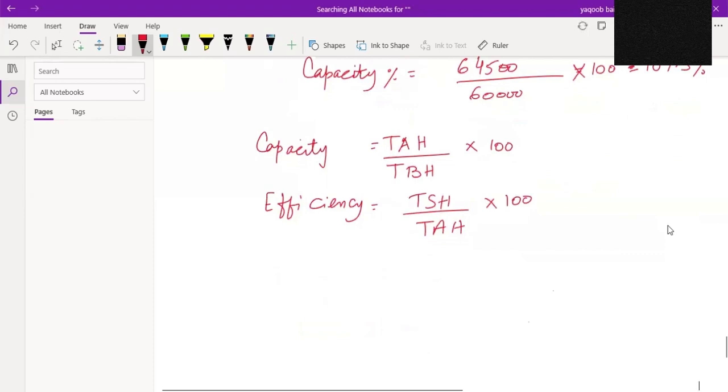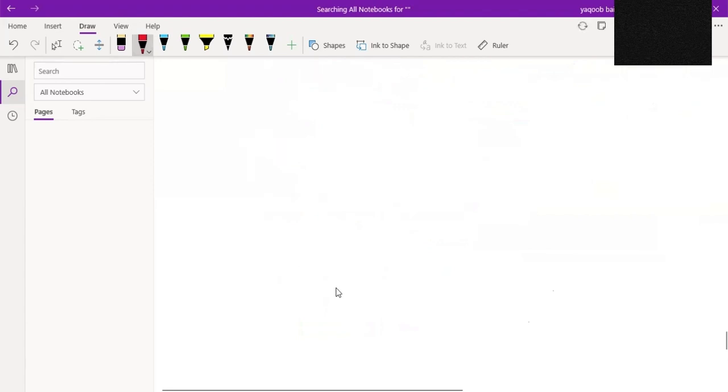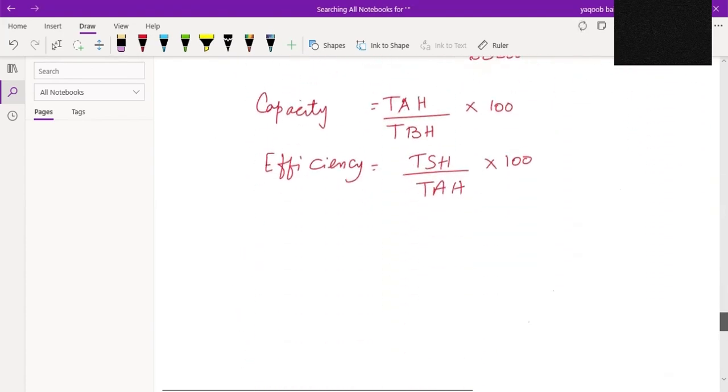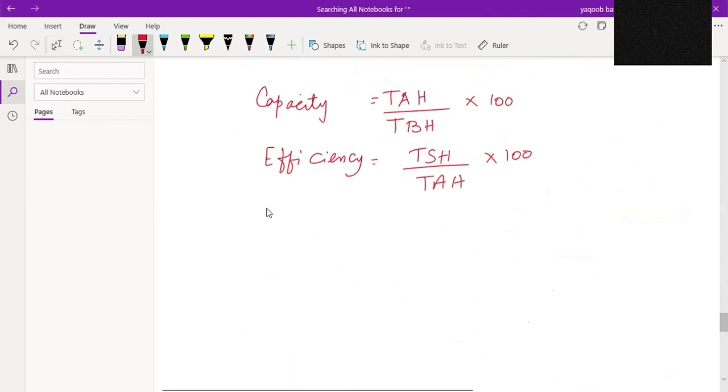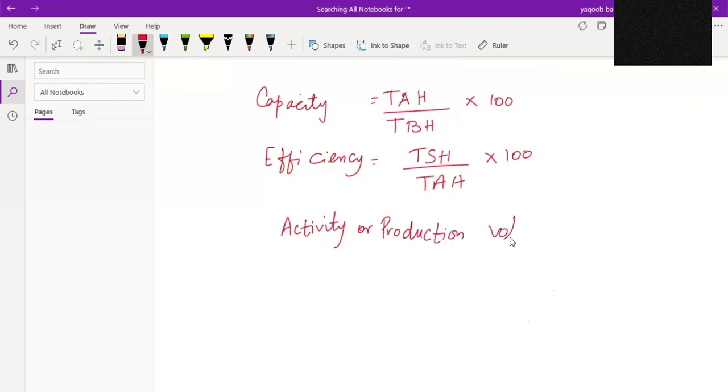Next one is activity ratio. Activity ratio, or production volume ratio, is equal to efficiency ratio multiplied by capacity ratio.